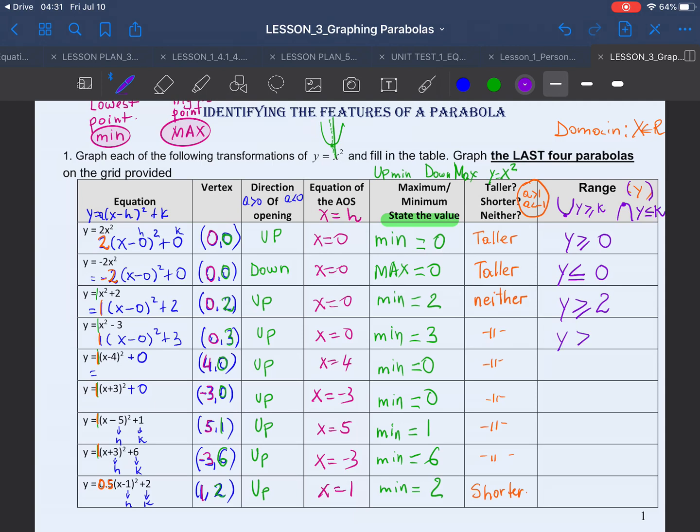So bigger than or equal to 2. Next one again opens up. So the rest of the parabolas will open up in here, all of them. So we're going to say y is bigger than or equal to the lowest value, right? So here the lowest value is 3, so bigger than or equal to 3.